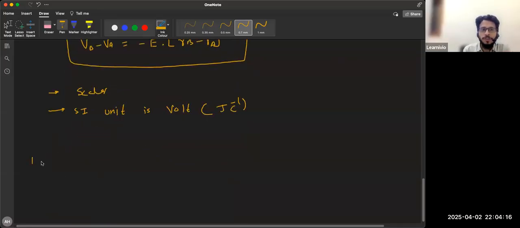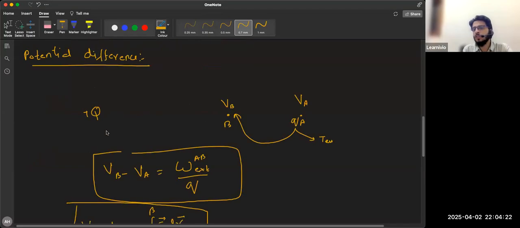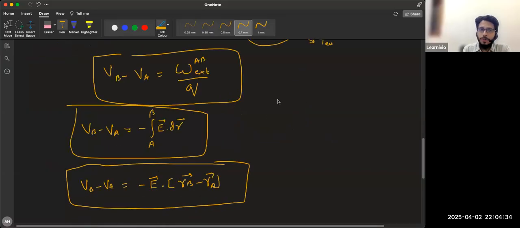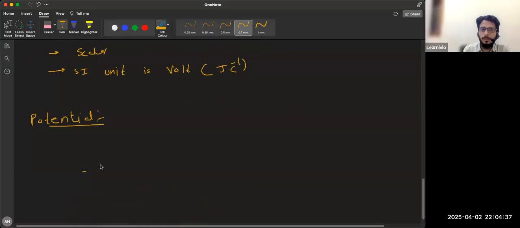Now, after potential difference, you can also calculate potential. The difference between potential difference and potential is, in potential difference, the initial point, which is also known as the reference point, is at a finite distance. But when you calculate potential, then your reference point is at infinity.